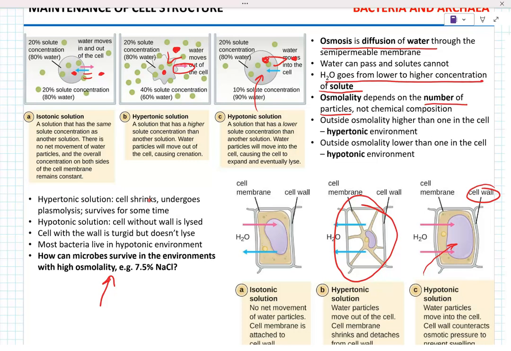Would you agree? So those cells that live in the Dead Sea effectively have the same concentration of solutes inside as outside. They don't have to be the same solutes, though, but they maintain the same osmolality within the cell. If you try to put those cells in a lake, they'll explode immediately. Even the cell wall is not going to save them.